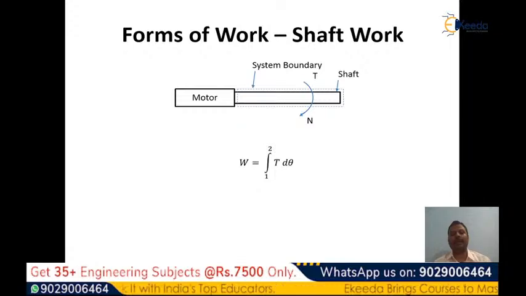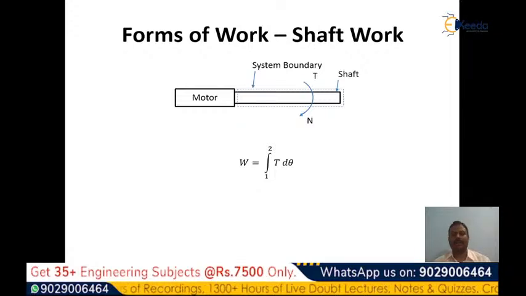So this is how the shaft work can be measured. If the shaft work is done per unit time, we have power, which is usually given by T into omega, where omega is the angular velocity. That power can be calculated.